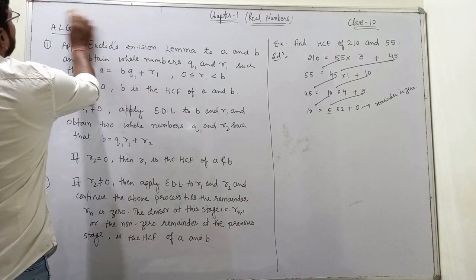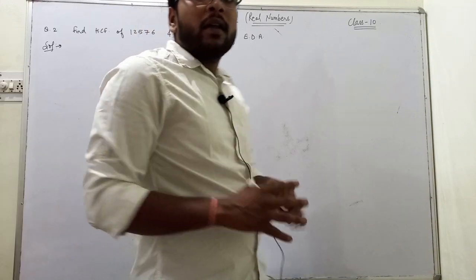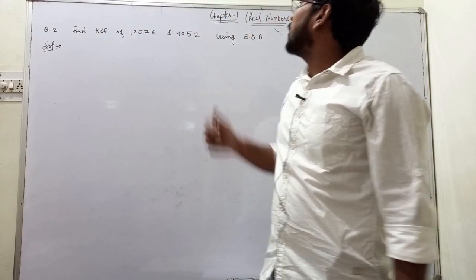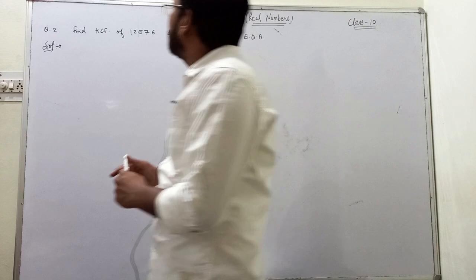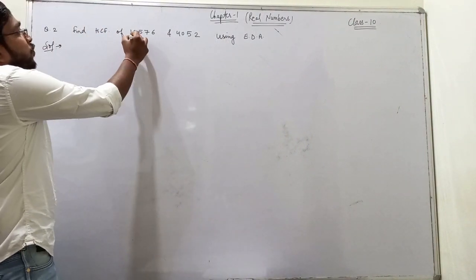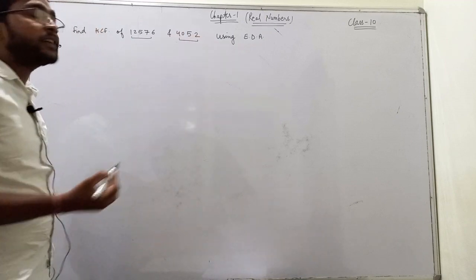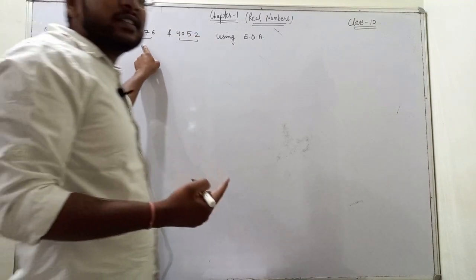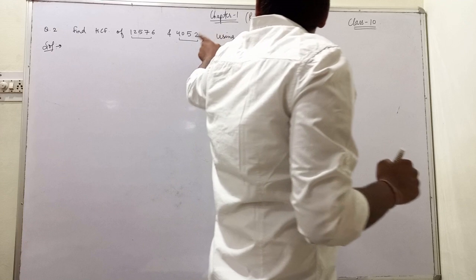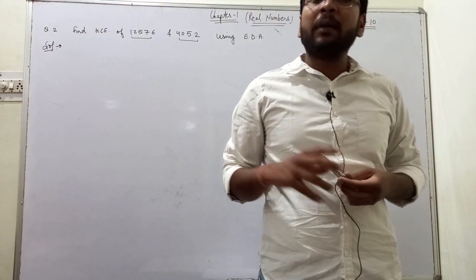Let us look at some more examples. Now if we look at this problem, we can see that 12576 is greater than 4052. So 12576 will become the dividend and 4052 will become the divisor.